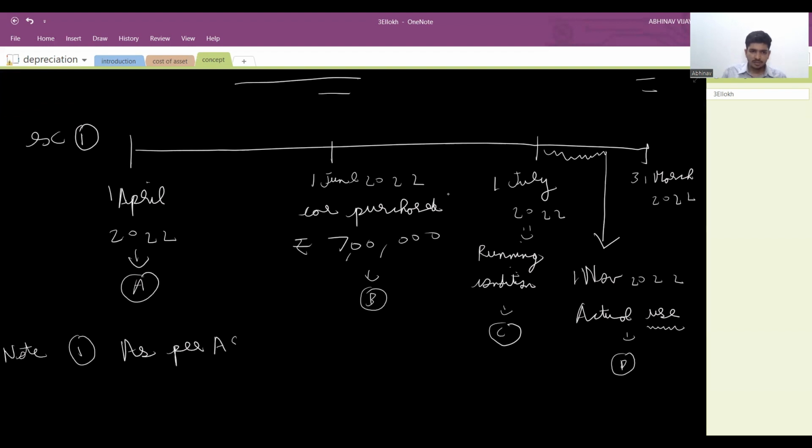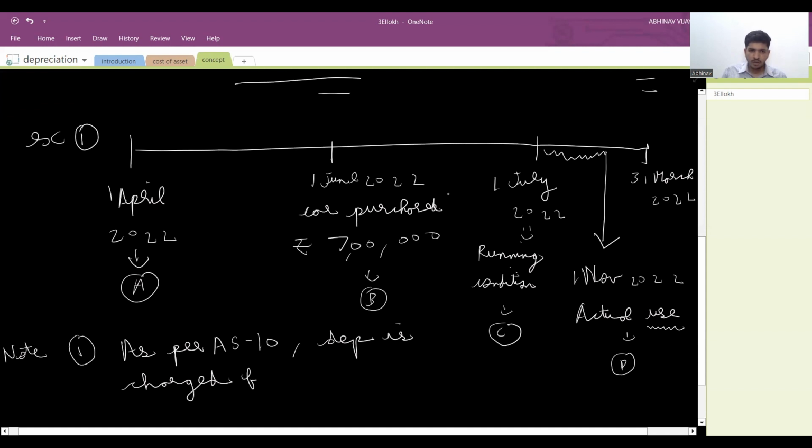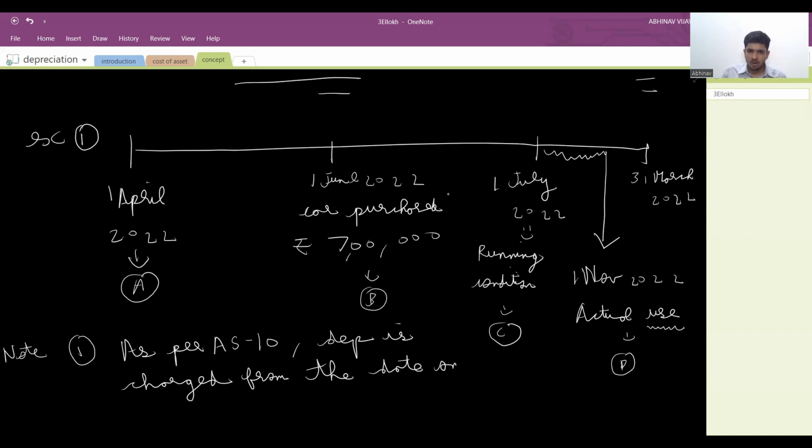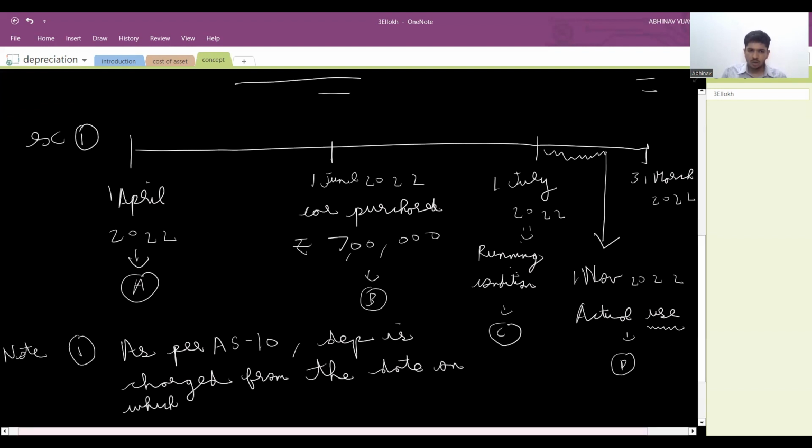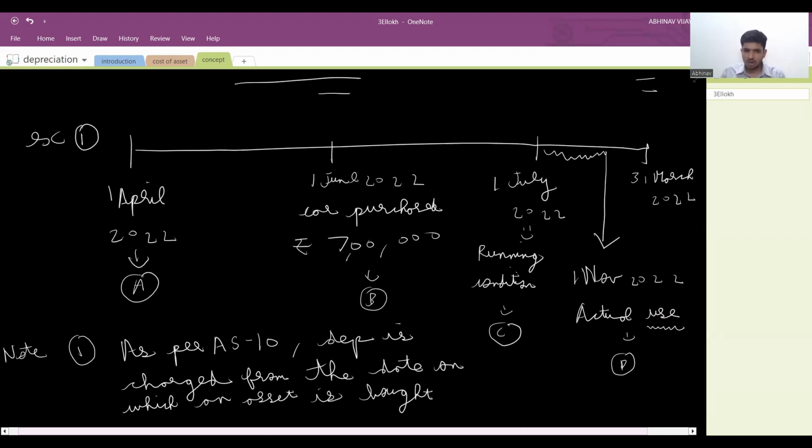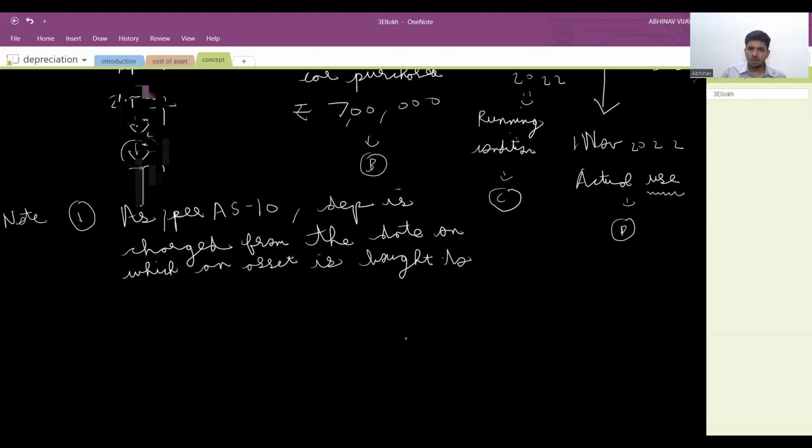As per AS 10, depreciation is charged from the date on which an asset got to its running condition.